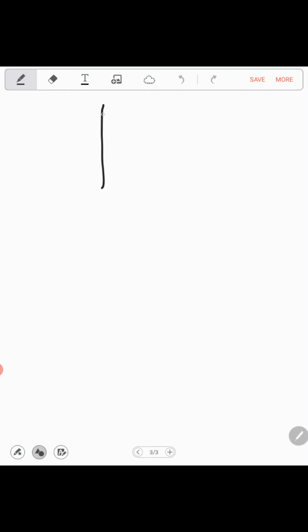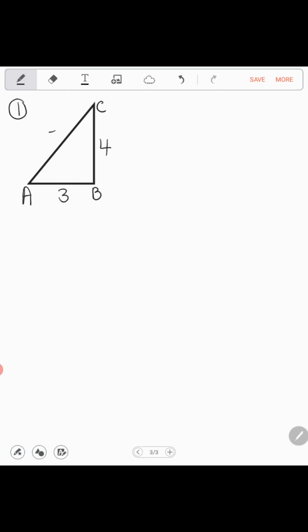All right, let's look at some questions. So if we were using it in a right angle triangle, number 1. Let's call this triangle ABC, and let's make it a 3, 4, 5 triangle.